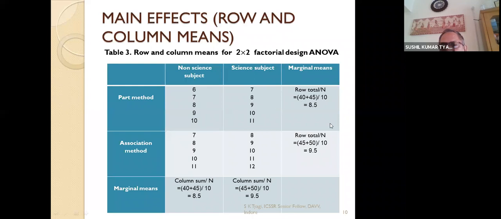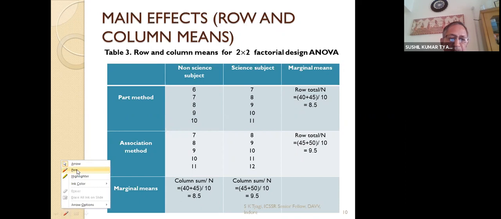So you will have a situation like this. Now you will be able to visualize what the main effects are and what the interaction effect is through this example. Now this row refers to the method: part method, and this is association method.